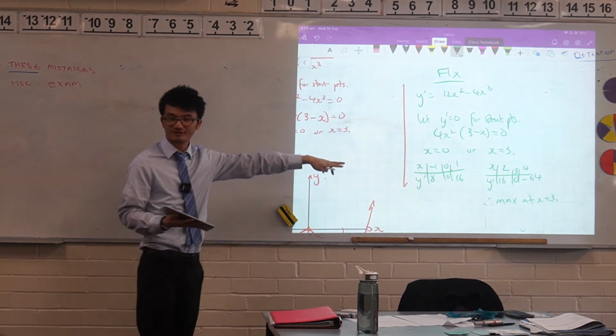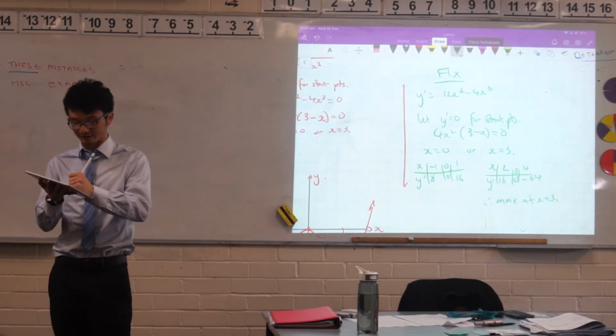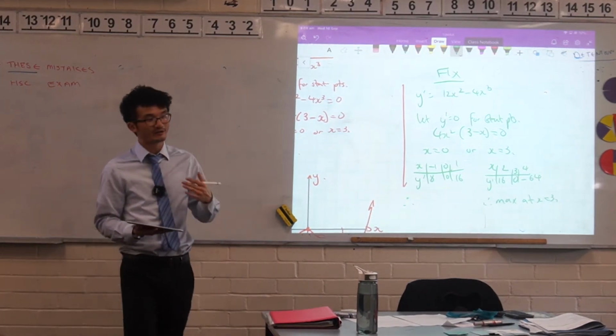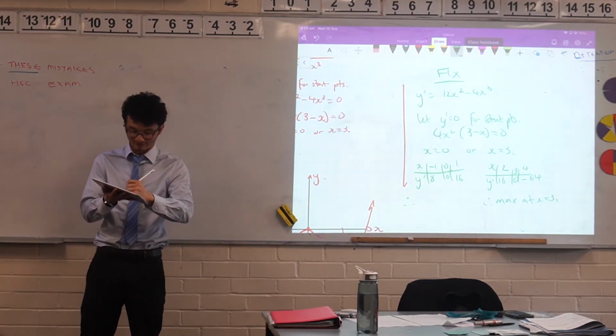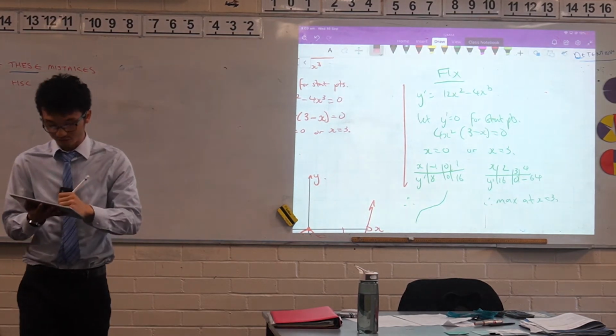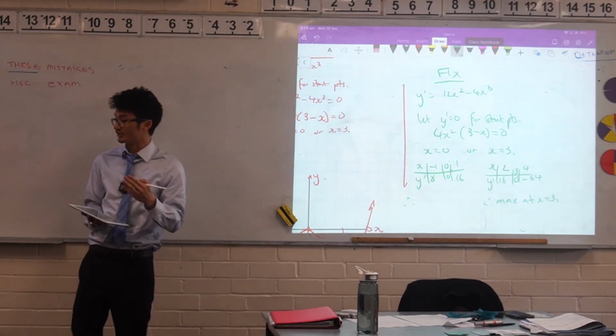What's over here though? Now here's where you want to be careful with your phrasing. We haven't tested that yet. So how do we test whether or not this is a quote unquote wobbly one? You use the second derivative and check if there's a change in concavity as well.